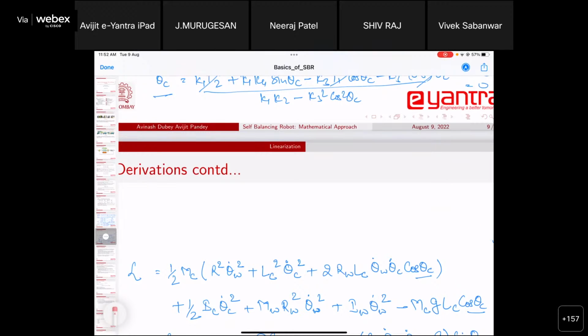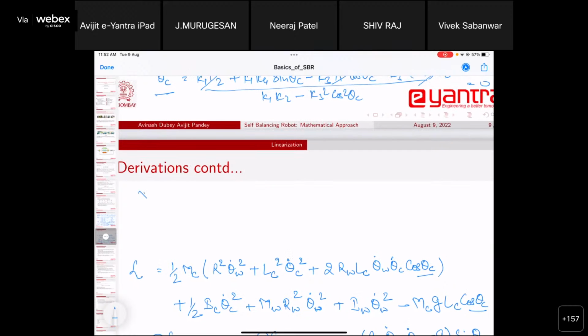So what is my equilibrium point now? To make x dot equal to 0, that is theta c dot, theta c double dot, theta w dot, and theta w double dot equal to 0.